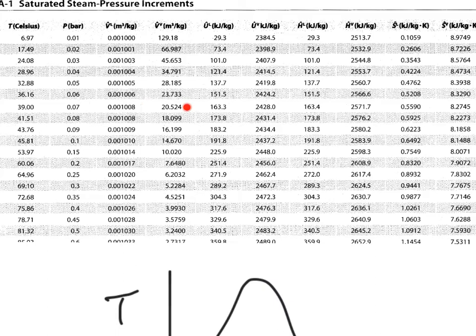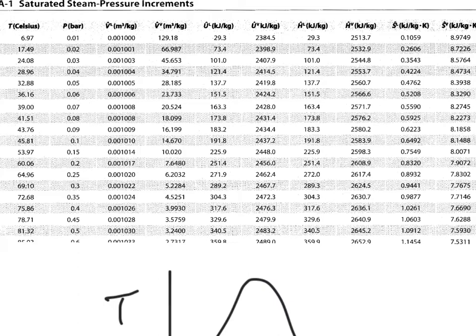You'll notice the specific volume of the vapor is much bigger than the liquid, which makes sense because gases take a lot more volume than liquids, but the units here are in meters cubed per kilogram. We have the specific internal energy of the liquid, internal energy of the vapor, enthalpy of the liquid, enthalpy of the vapor, entropy of the liquid and vapor, and we don't need to worry about entropy in this course, but it's there if we ever needed to use it.